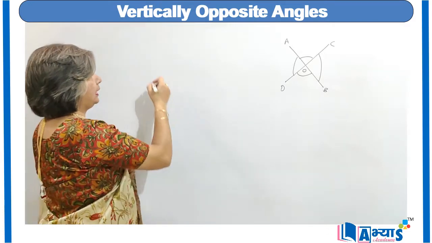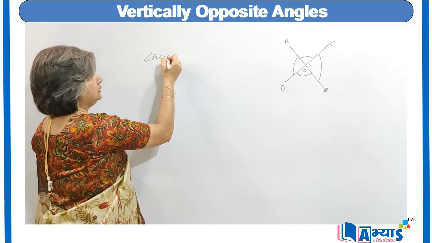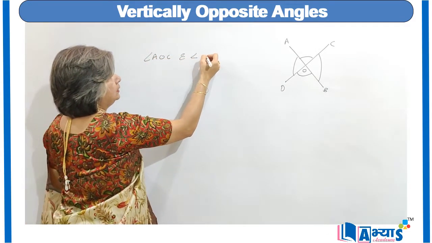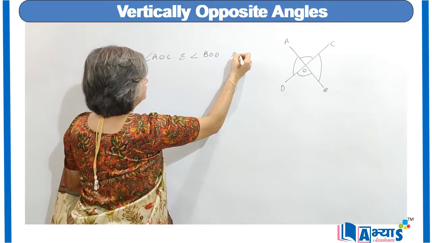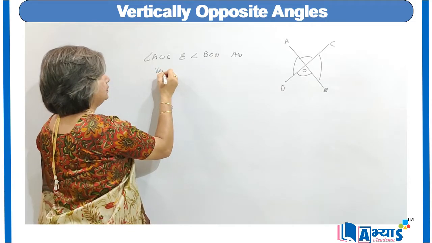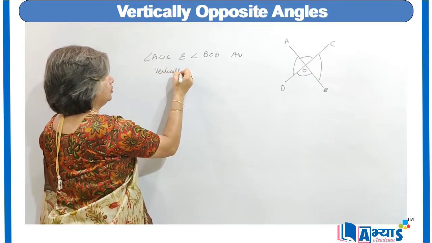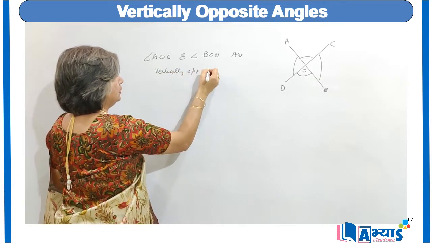So we can say that angle AOC and angle BOD are vertically opposite angles.